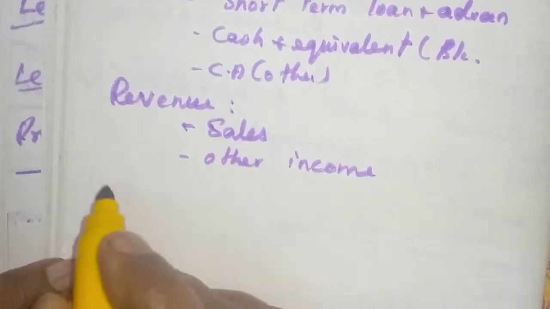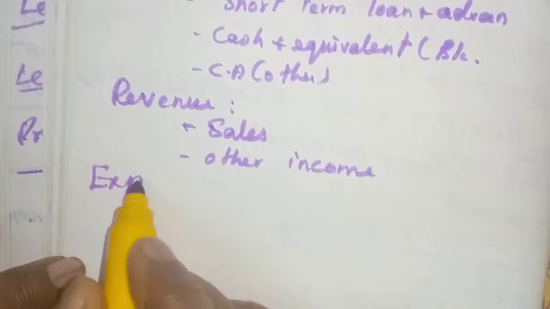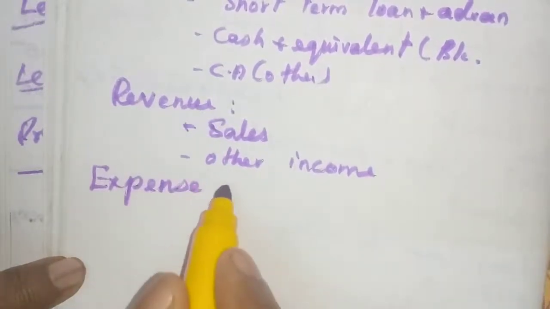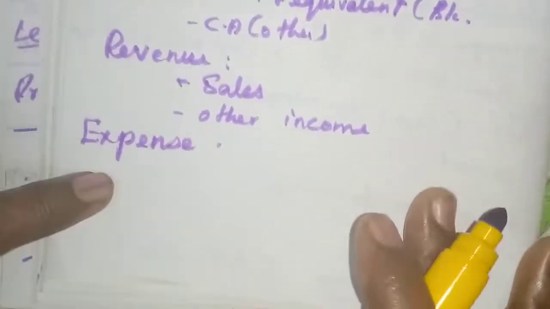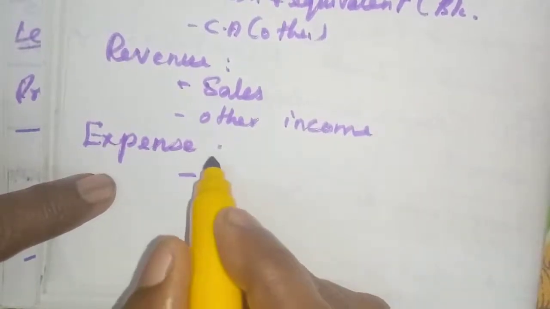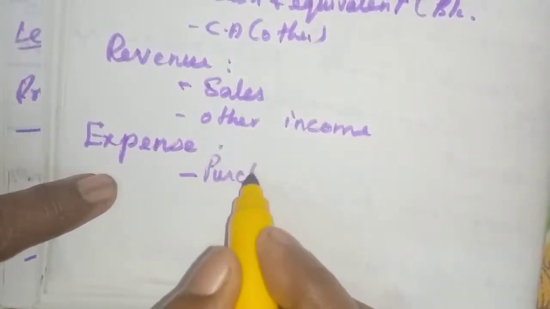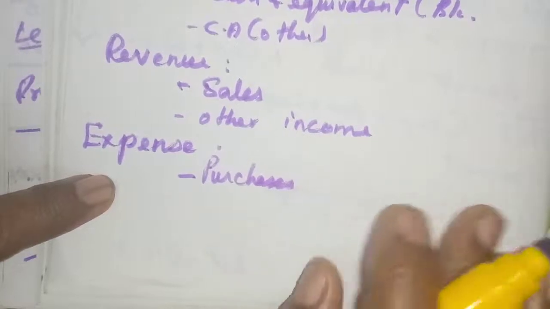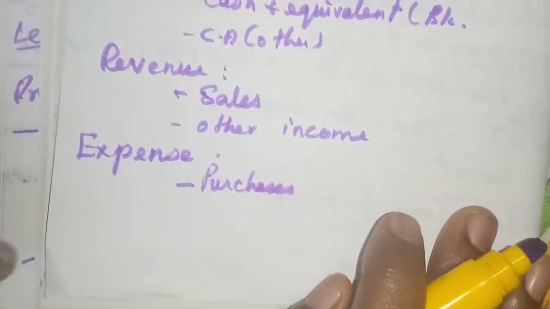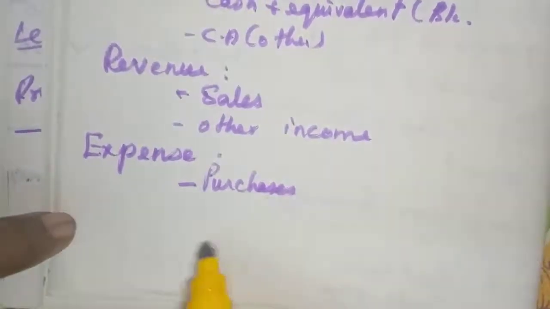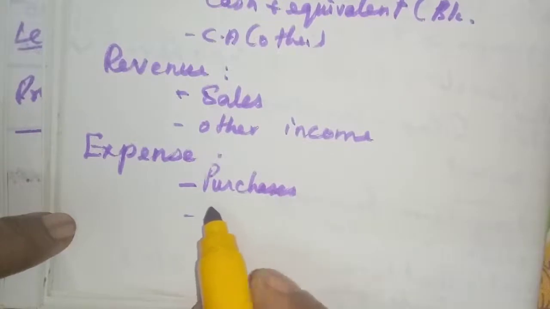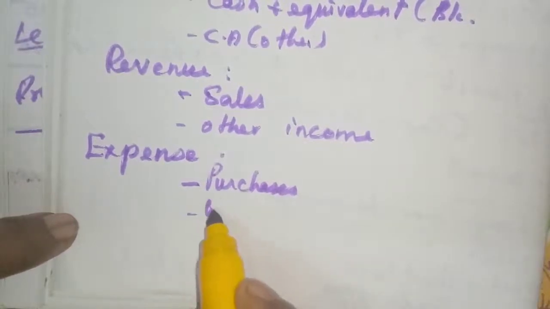Then the expenses. What are the expenses? The main expense is purchases, material consumed. Then the wages that we pay.